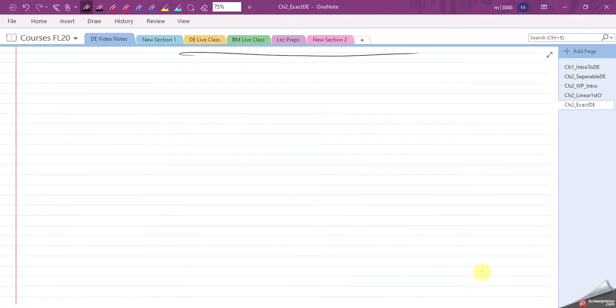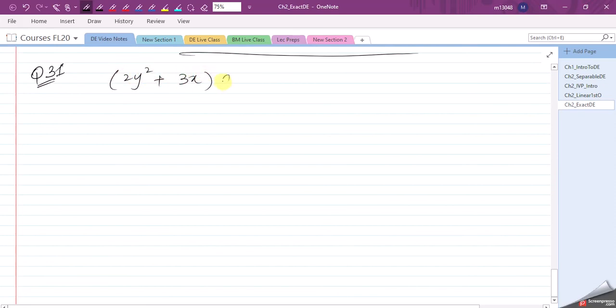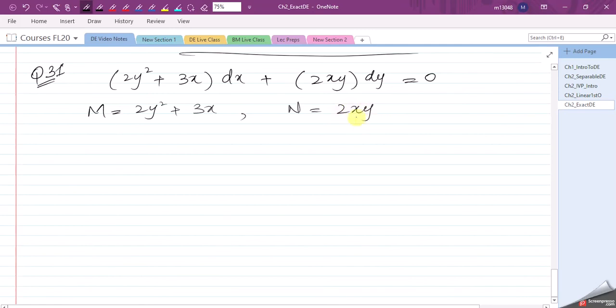Let's see a special kind of exact equation. Question number 31 says (2y square plus 3x) dx plus 2xy dy equals 0. Clearly our m is 2y square plus 3x and n is 2xy.